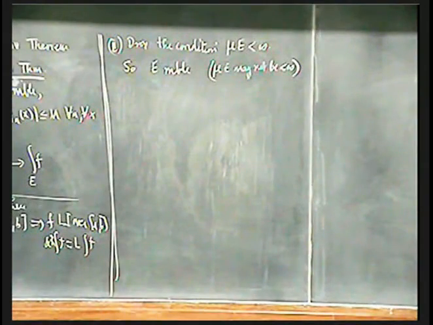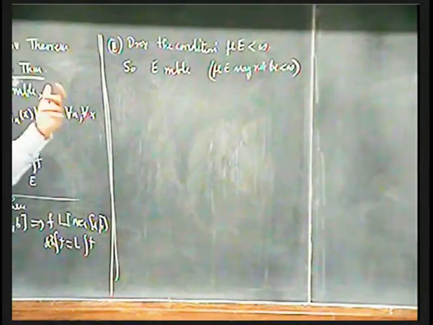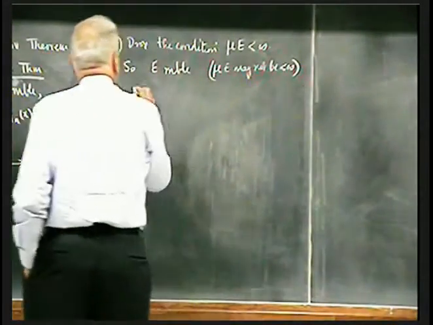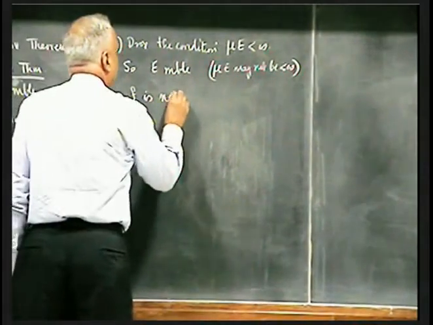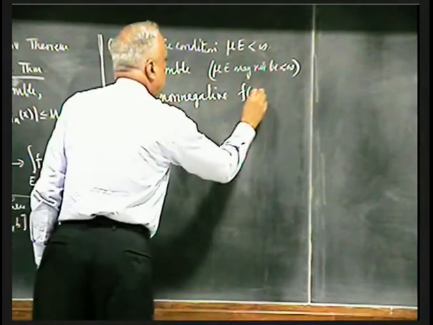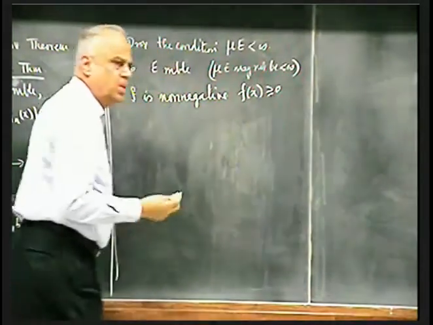But then we are going to take f slightly different; even boundedness we will drop for the time being. We will say f is non-negative. Almost everywhere is also enough.